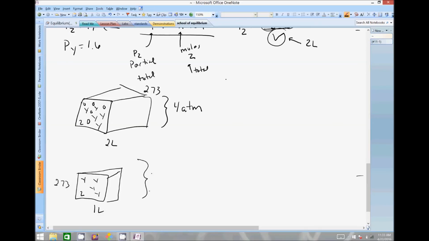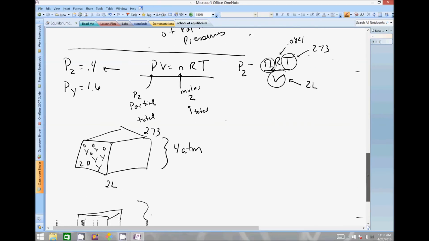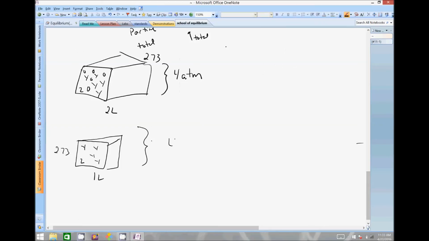Well, you should know, either via PV equals nRT or via the combined gas law, that if I cut my volume in half, my pressure should double. It was 2 liters, 2 atmospheres to begin with. Now it's up to 4 atmospheres. Same as the one above it. The top one went up because I added gas. The bottom went up because I cut the volume in half, doubling my pressure. What can I say about the partial pressures of these individuals? Okay. Now this guy, the top one, you should be aware that the partial pressure of Z is still 0.4.